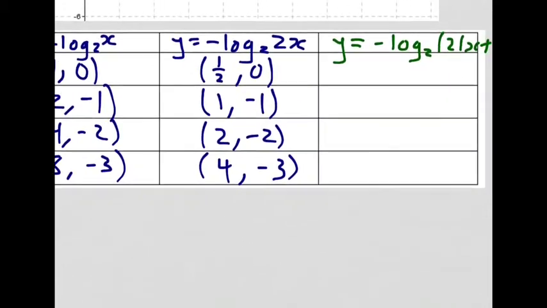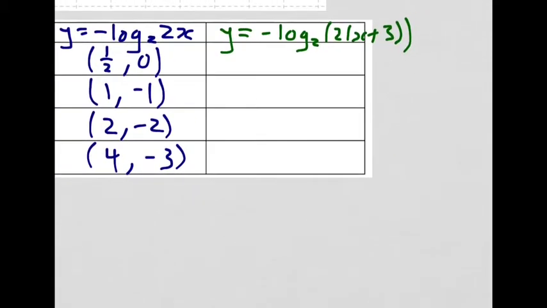Okay, and then the last transformation affects these last transformed points. We just move them all 3 to the left, which means we minus 3 from the x values. So this becomes 1/2 minus 3. What is that?